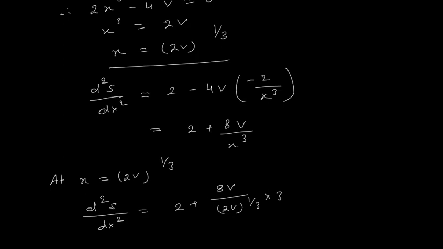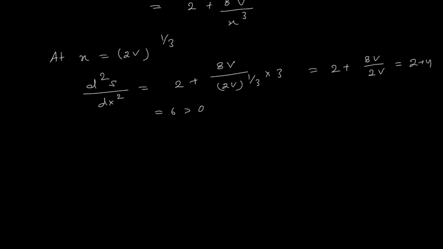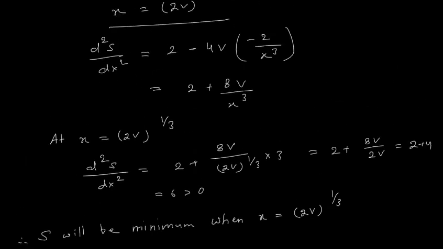So when we do the whole cube, this will cancel, and I have 2 plus 8v upon 2v, which will give 2 plus 4, which is 6, which is greater than 0. Therefore S, the surface area, will be minimum when x is equal to (2v) power 1 upon 3.